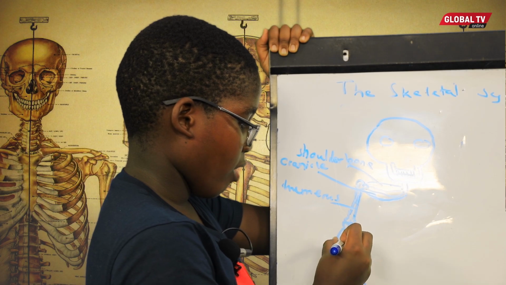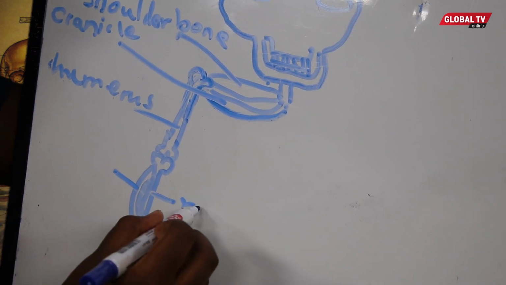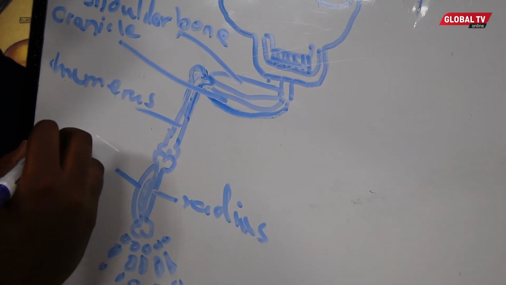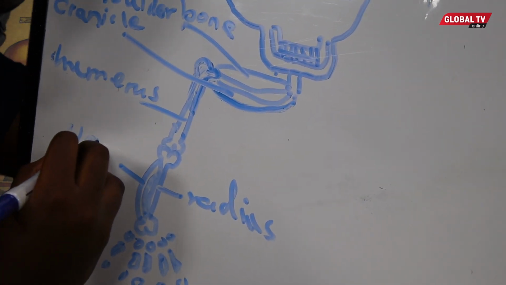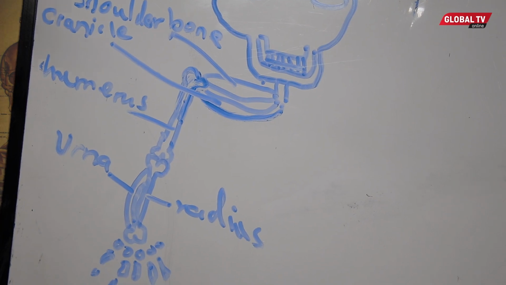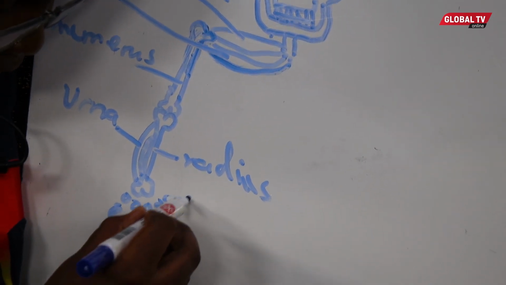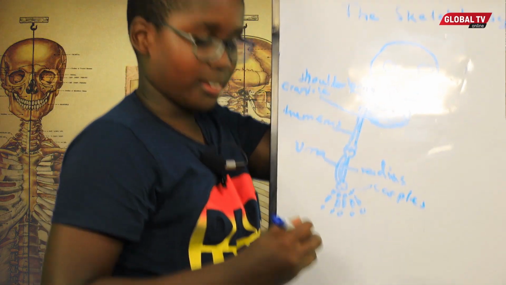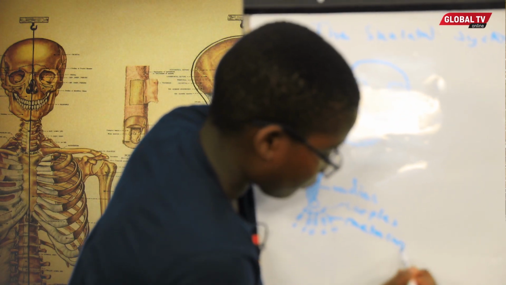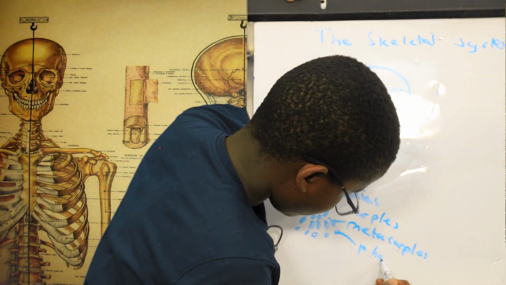And here we have the radius and the ulna. Then low here in your fingers you can find the carpals. Then lower to that we have the metacarpals. Then at the end we have the phalanges.